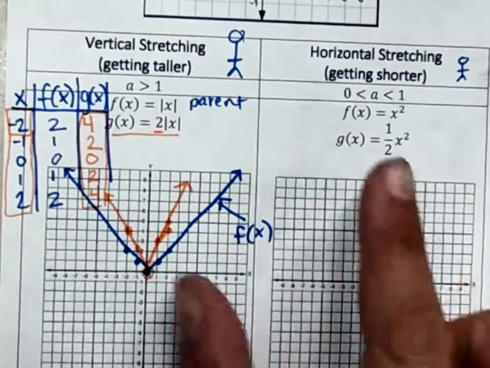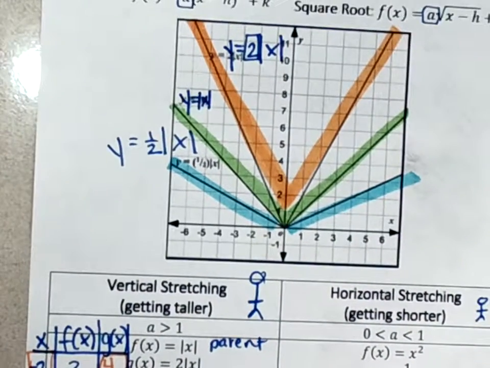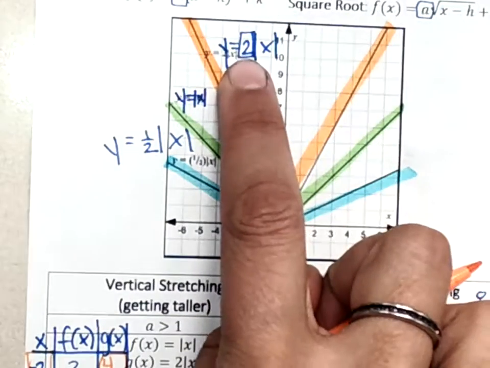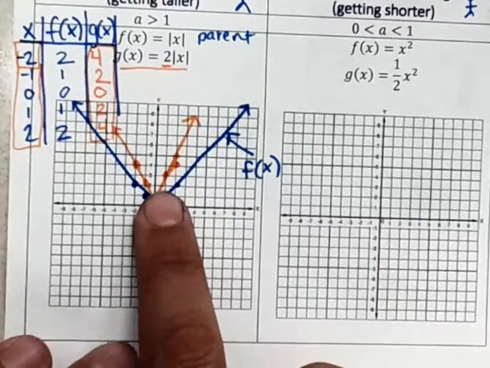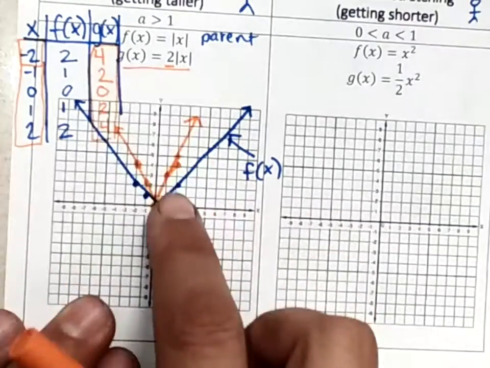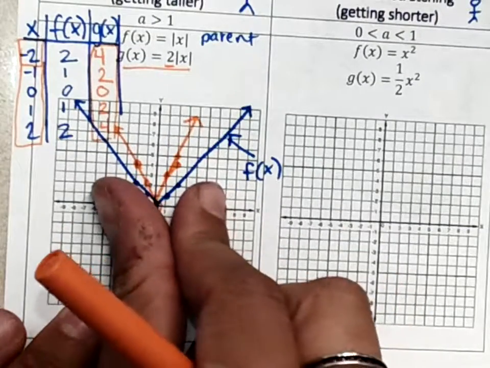So just like we saw up above in our original example, when there's a coefficient of 2 or any number greater than 1, our new function is going to become taller than our original parent function.